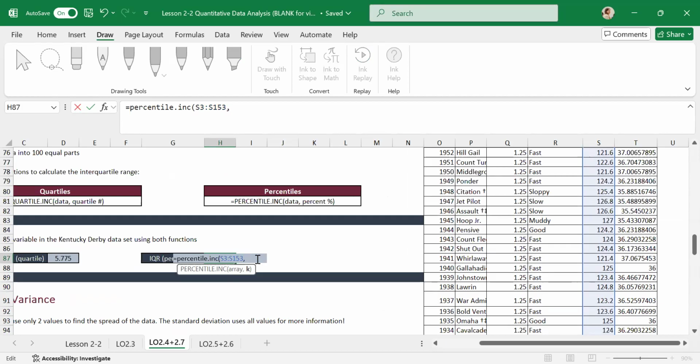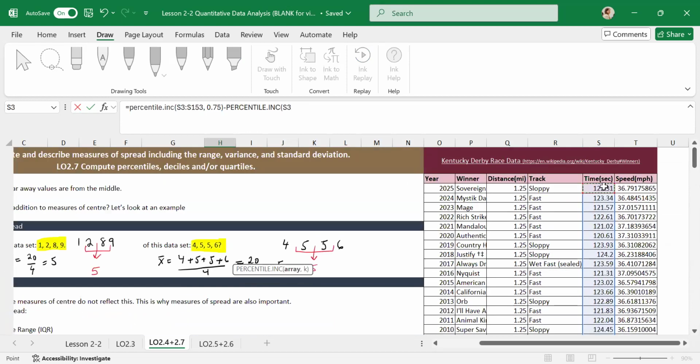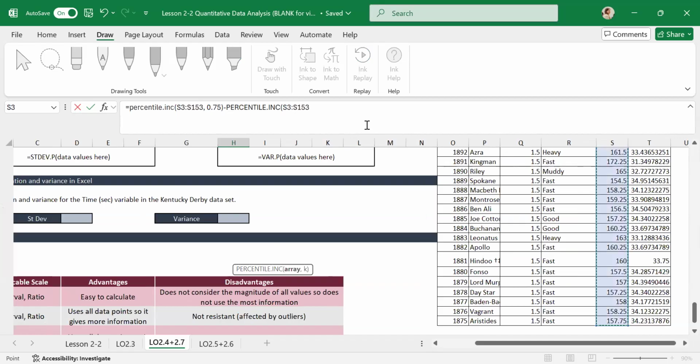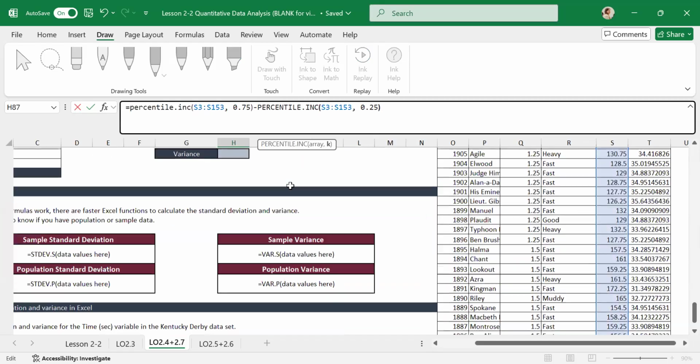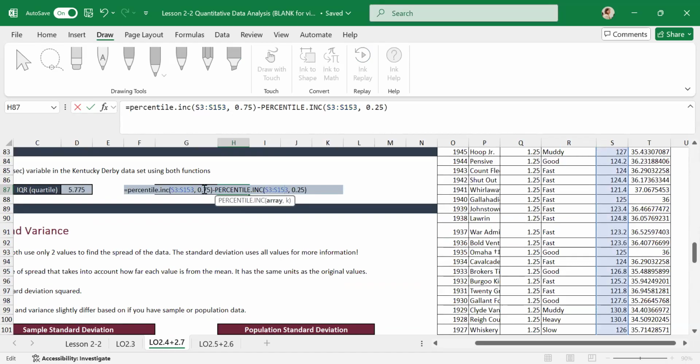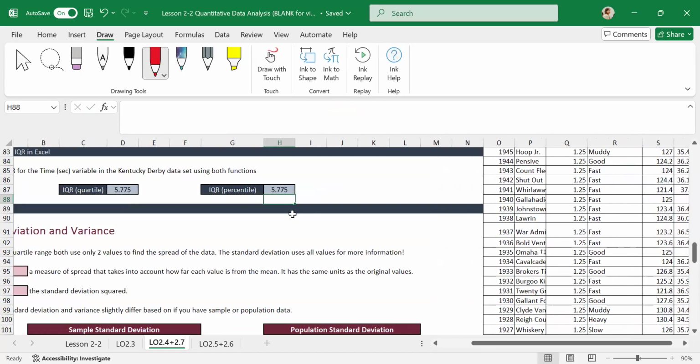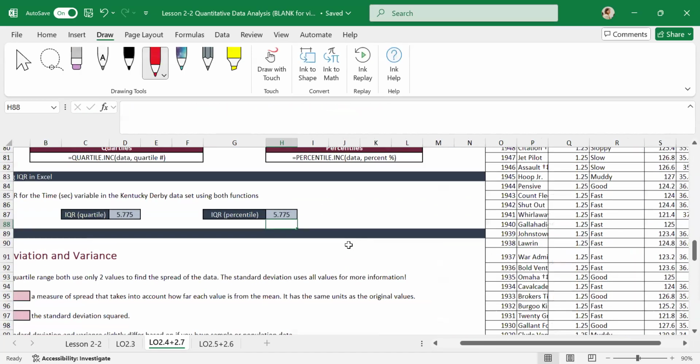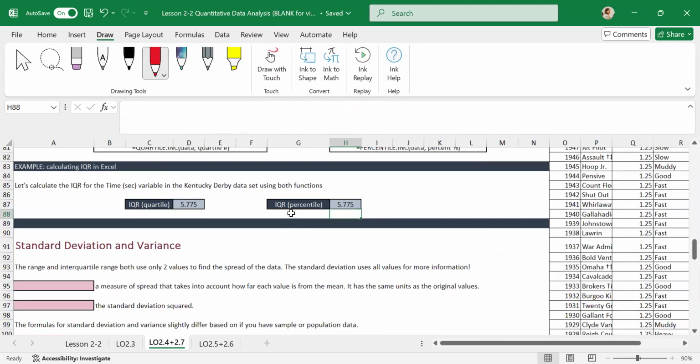So the third quartile would be 75% or 0.75, and then I would have to subtract percentile.inc, select all the data, 25% of the data, which is the first quartile. So I do quartile 3 minus quartile 1, and it gives me the same answer no matter which of the formulas I use to get that interquartile range.